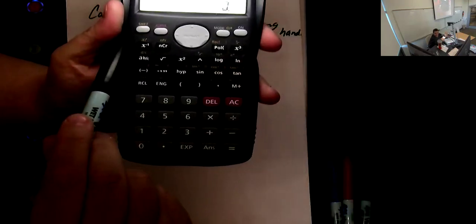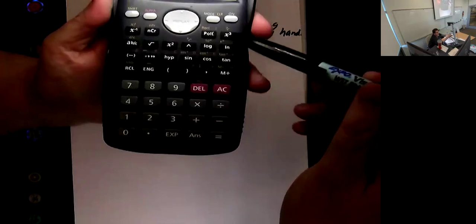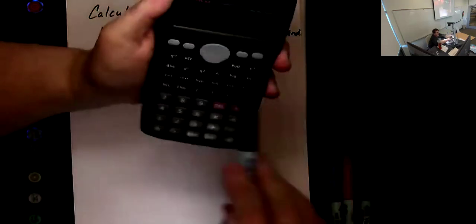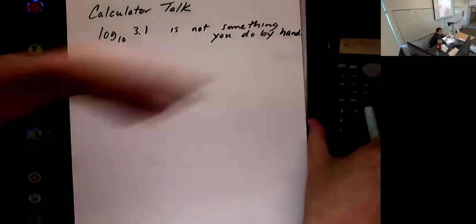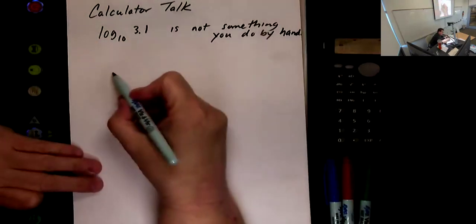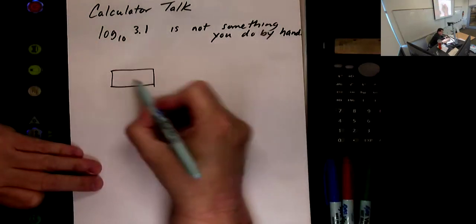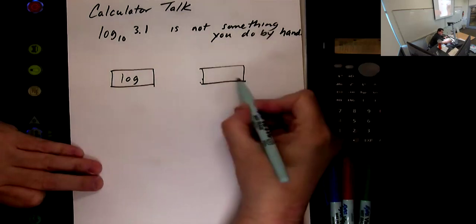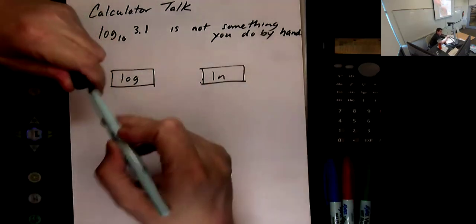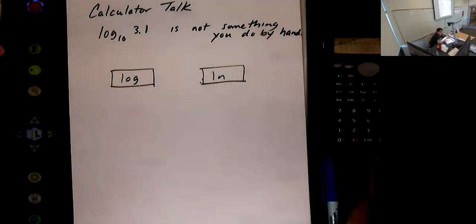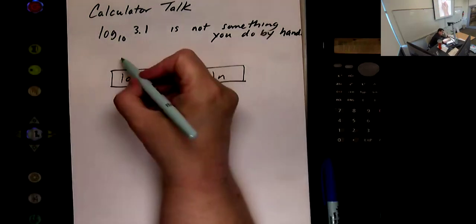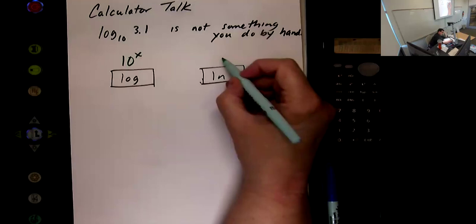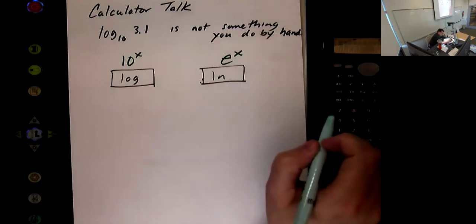So if I want to access the exponent keys, I have to use shift. They deliberately put them directly over the log that corresponds to them. Your calculator probably does something similar. Mine shows 10 to the x above this and e to the x above this.